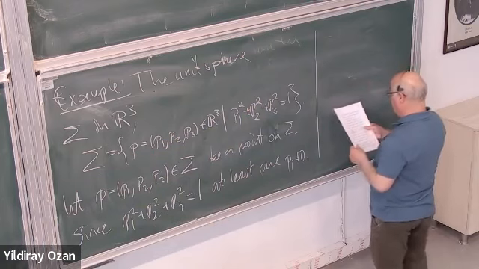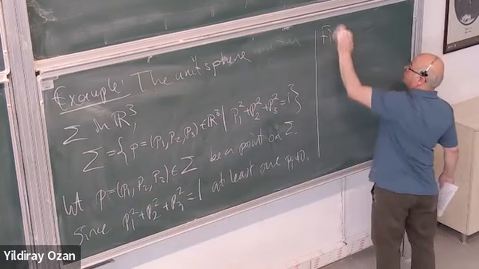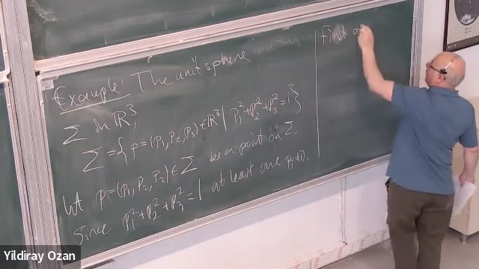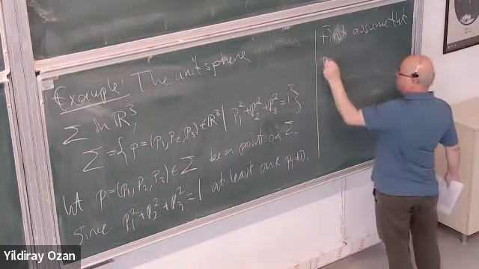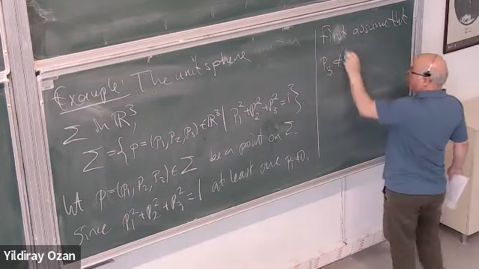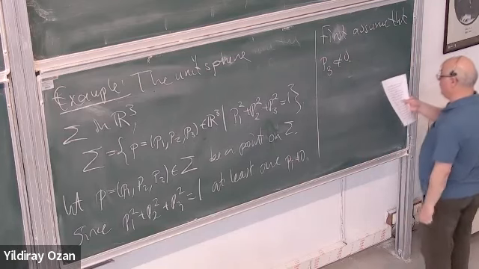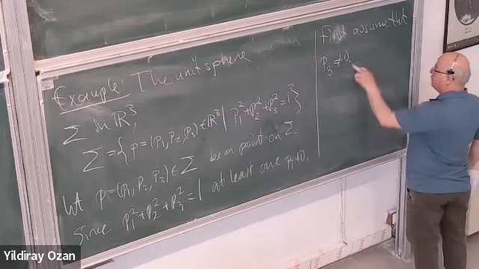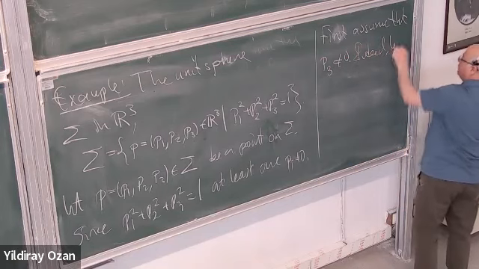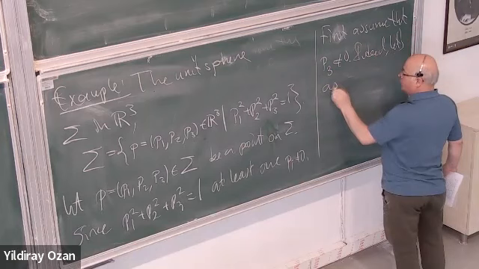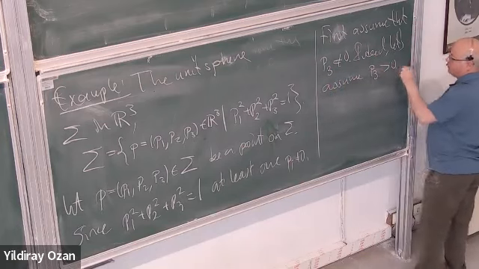All right. First, assume that P3 is not 0. So the last coordinate is not 0. Indeed, let's assume P3 is positive.